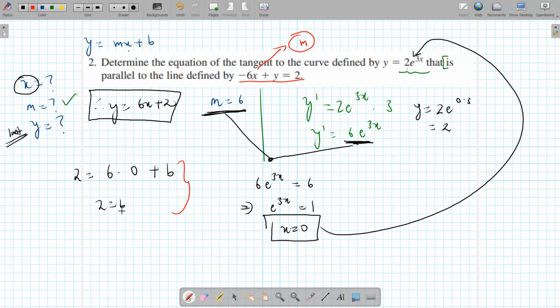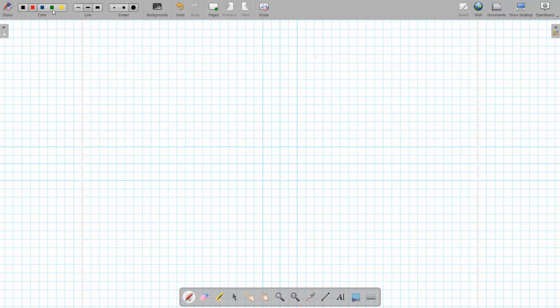A question for you. How are perpendicular lines related? Parallel lines have the same slope, yeah. What about perpendicular lines? How are they related? It also has something to do with the slope.